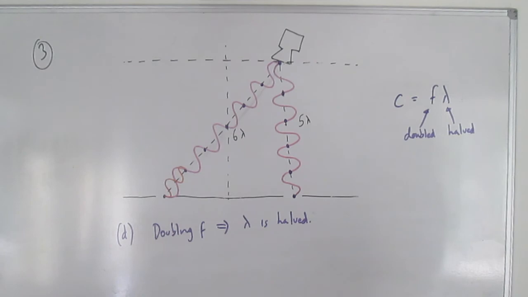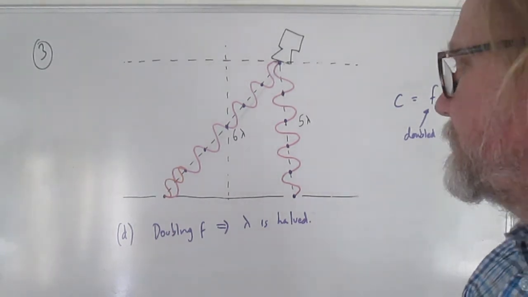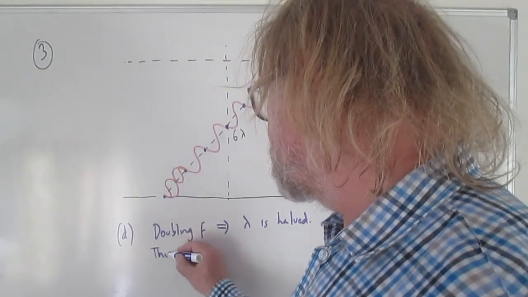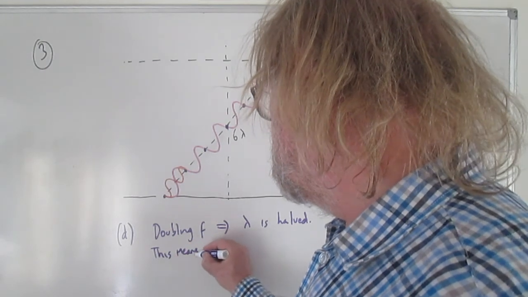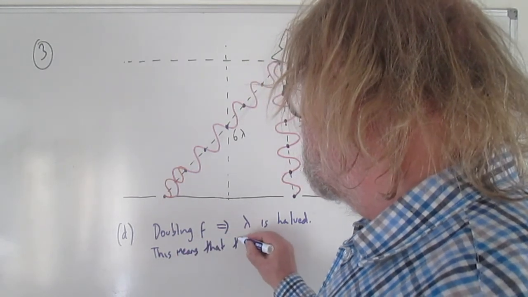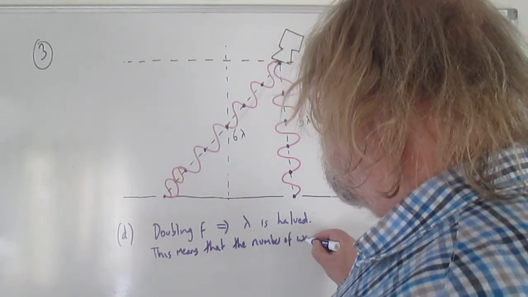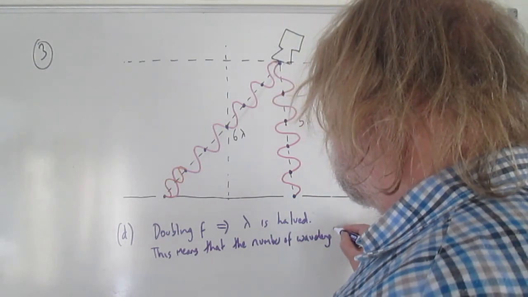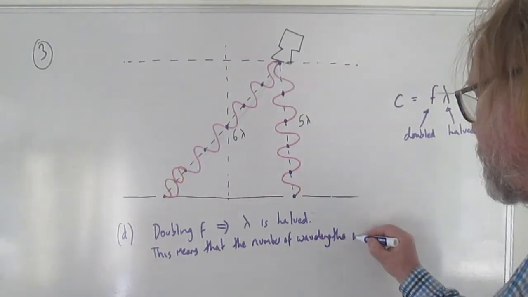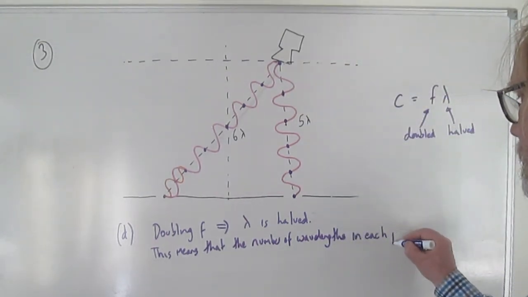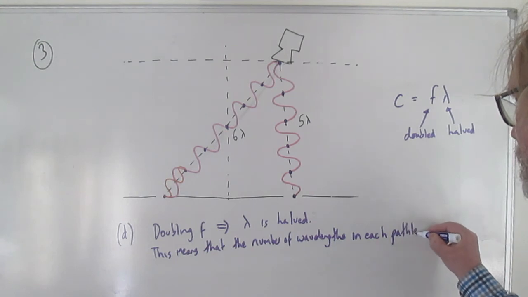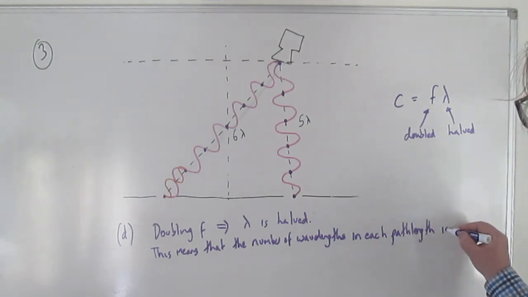So first of all, you explain that the lambda is halved, and then explain this means that the number of wavelengths in each path length is doubled.